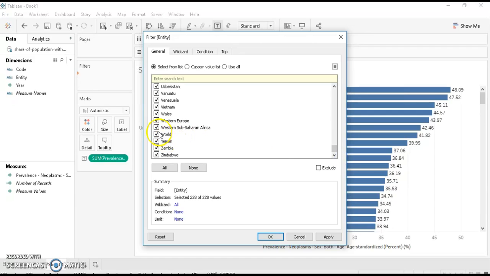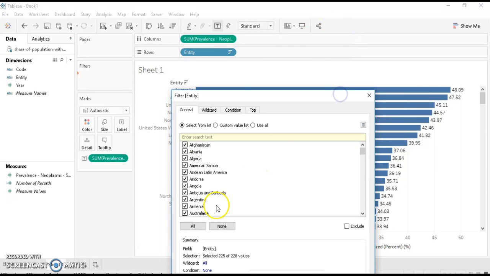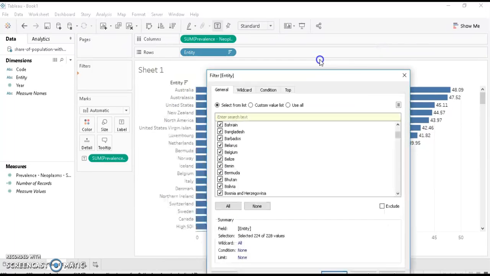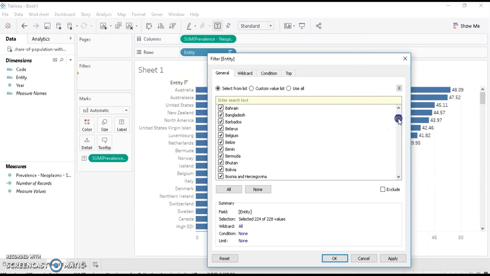And just like World, because the data had the whole world included in there. So there's certain things that I do not want. And I'm just going to click on the ones. I'm not going to do all of them because there were quite a few. So I'm just going to do North America so you can see what happens when I do this.